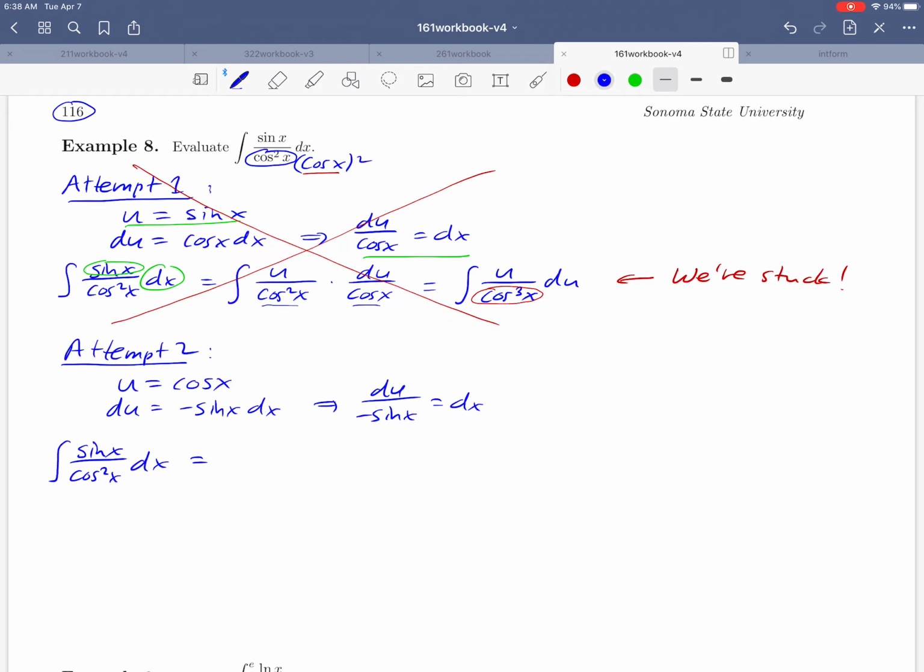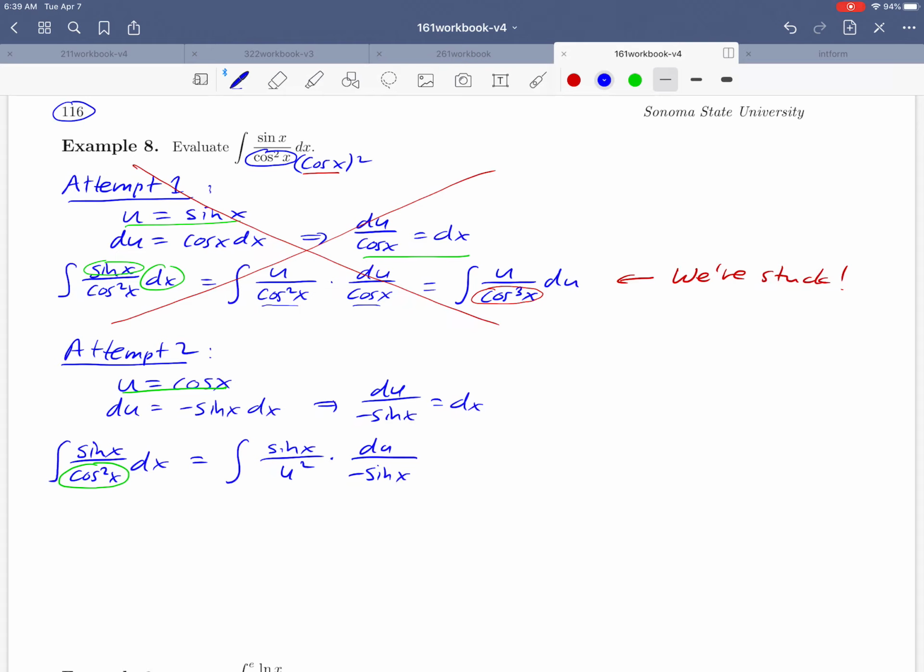This time, we've got a sine of x in the top. And then u was equal to cosine of x, which means that this denominator, cosine squared of x, is going to turn into u squared. And then we can see from our calculations above that dx is du over negative sine of x.